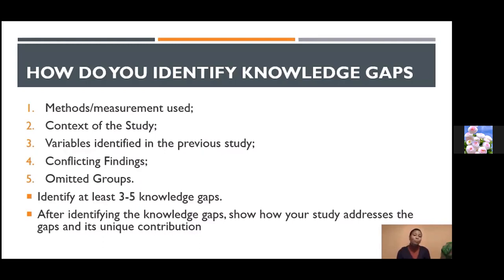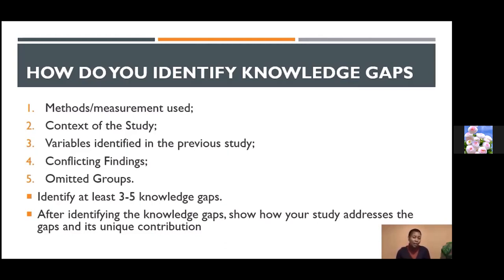The other one could be groups that have been omitted. People researching your area may have only been focusing on women, for instance, but they have left out men and vulnerable groups. So your study may be coming in with vulnerable groups, and there is a reason why. That is how you identify the knowledge gap.